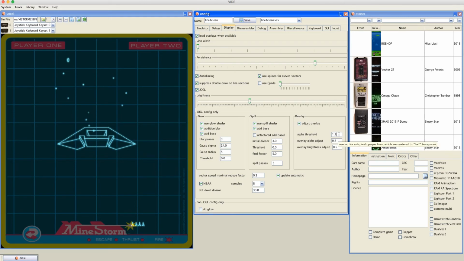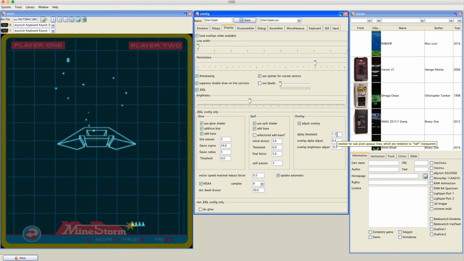The value goes from 0 to 1.0. It's a float value in OpenGL language, and the 1.0 is actually 255 in normal 8-bit values.